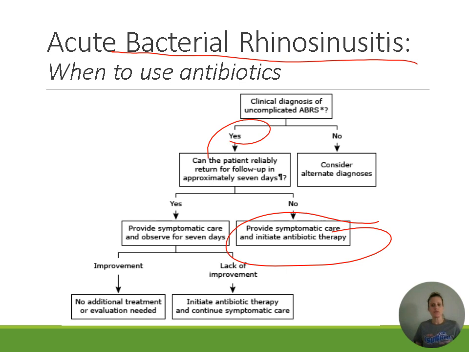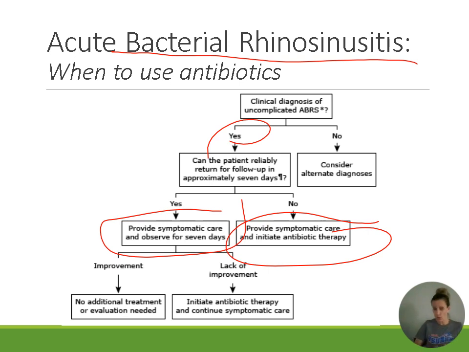But if it's your normal traditional patient, right? You've got a 35-year-old otherwise healthy patient, they're reliable, they always come in for their appointments, they say, yes, I can come back in a week if necessary, then go ahead and hold off on antibiotics. Just give them symptomatic care for now, and we'll watch and wait for the next week.